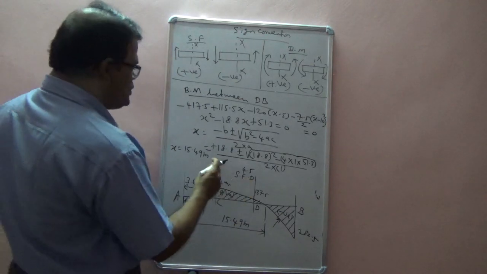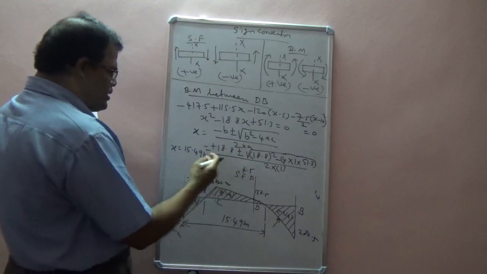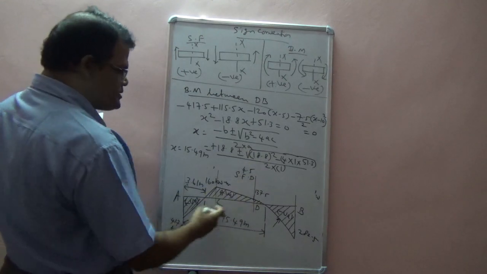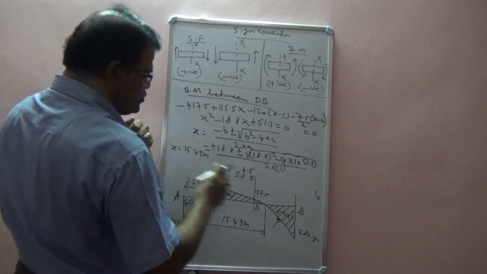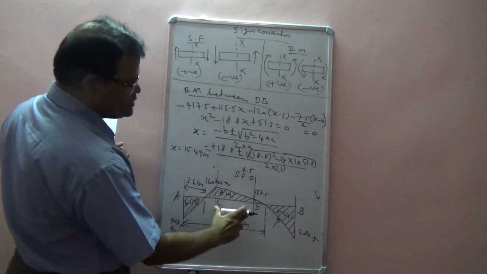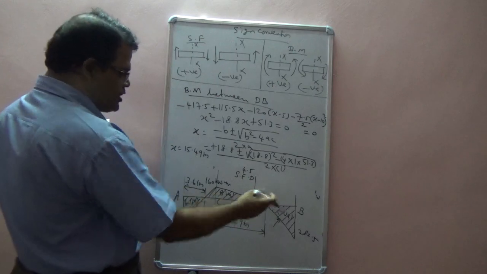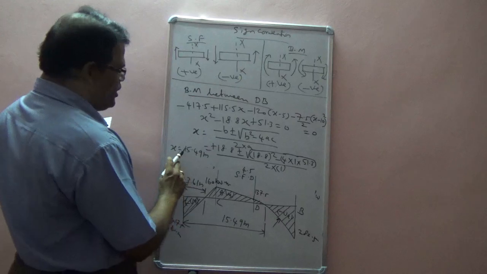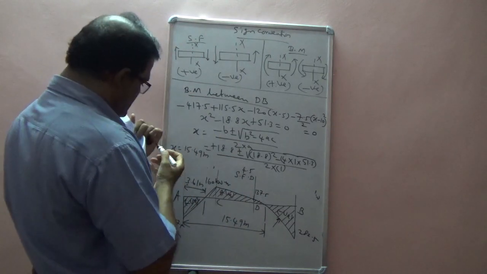The other value, because it is plus or minus, if you put a minus sign and calculate, it will come to less than 10, about 6 or something. If it is less than 10, it is not representing the section DB. To represent section DB, the value must be greater than 10 meter, because this is 5 meter and this is 5 meter. Therefore, with the plus sign you get x equal to 15.49 meters. So this is the point of contraflexion.